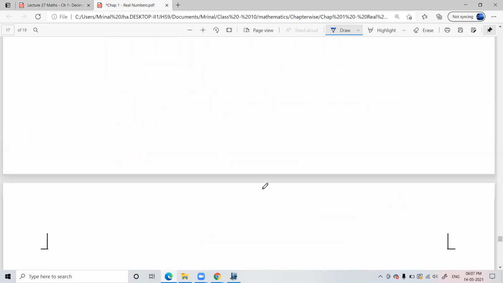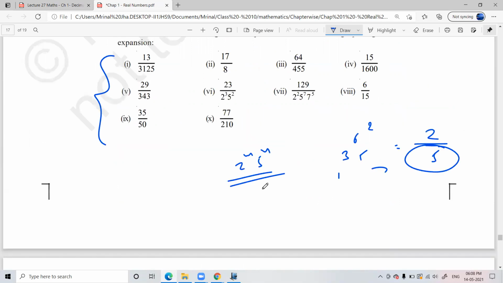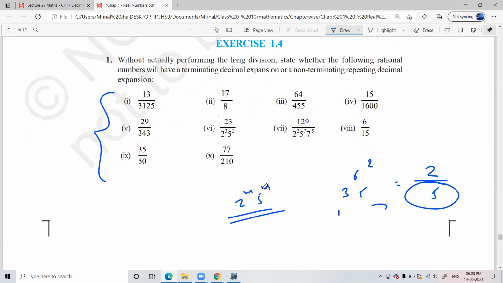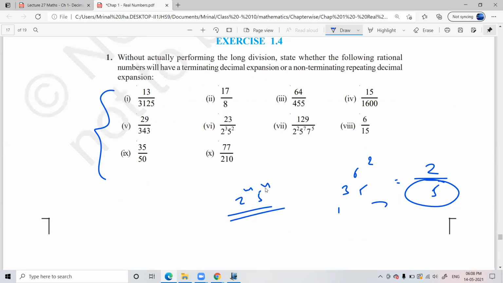For the ones which have non-terminating repeating decimals, there is no other way but to do division, and if your numbers are this big, it will take half an hour to complete the division. So only for terminating decimals, you will do the decimal conversion.